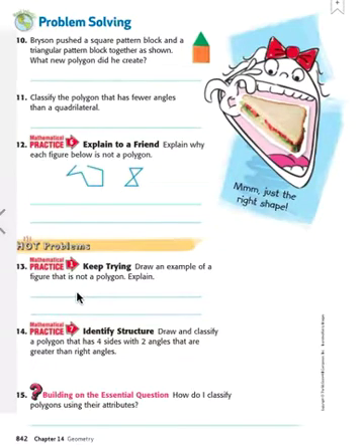Okay, number 13. Draw an example of a figure that's not a polygon. Well, you know what? You could just simply draw this figure, or if you really want to be different, you could draw a circle. Why is a circle not a polygon? Well, first of all, it doesn't have any angles.